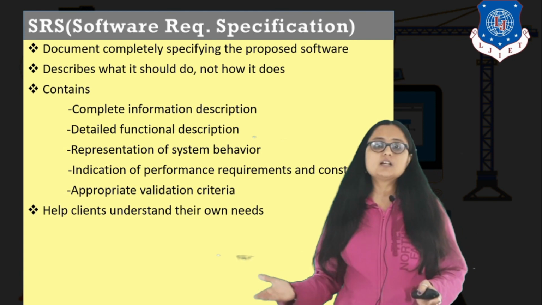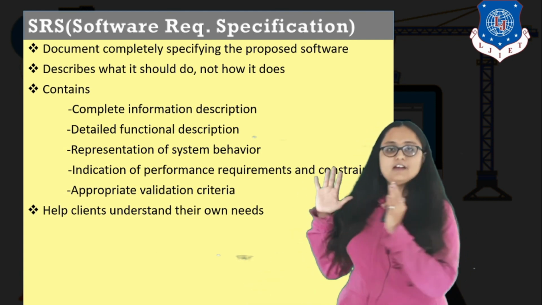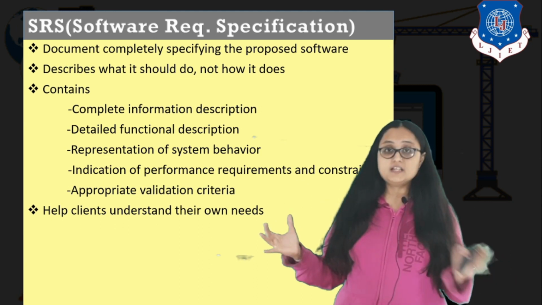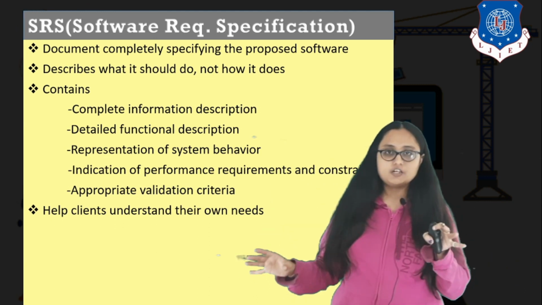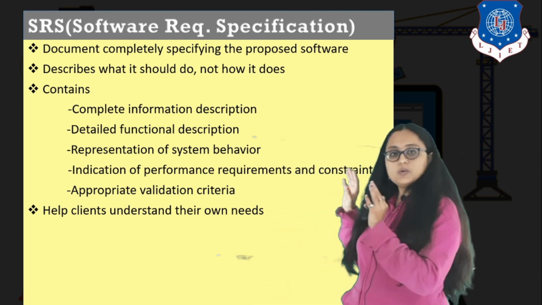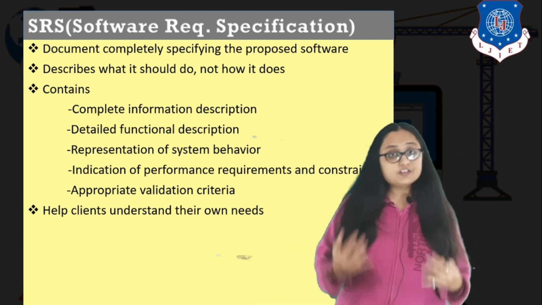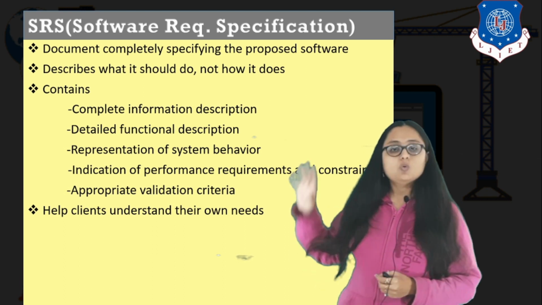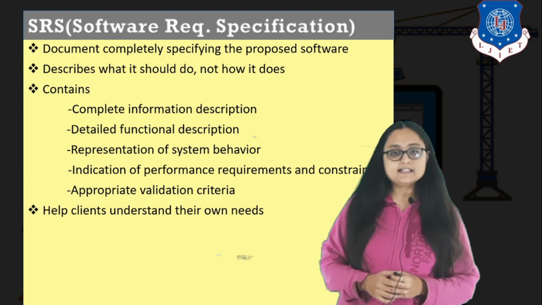So after the completion of the 7 stages, we will have this SRS document which will completely specify the requirements, that is functional requirements, non-functional requirements, feasibility study, all the diagrams that we have actually gone through in the requirement engineering task. Now, what does the SRS consist of?